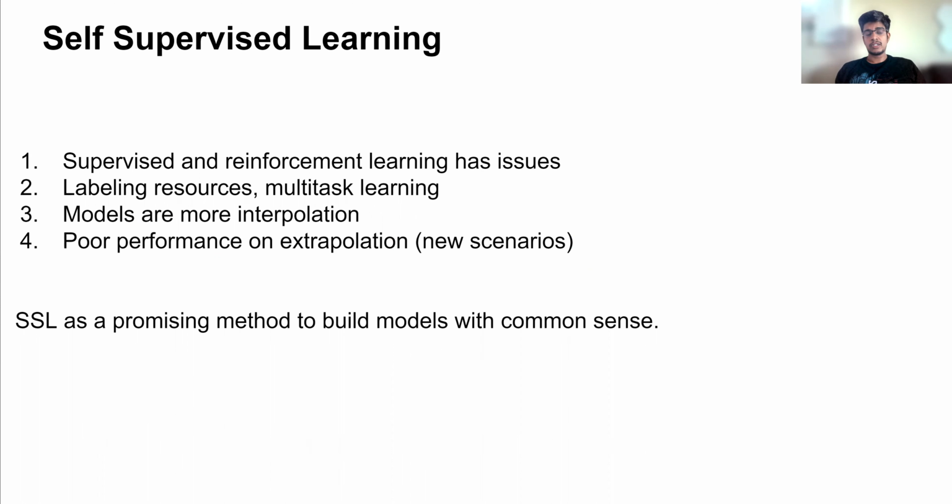And typically these models do really well on interpolation problems, but their extrapolation results are very poor and do not work on new scenarios. So the hope is that self-supervised learning can be used as a promising method to build models with common sense, or as Yann LeCun calls it, the dark matter of intelligence.